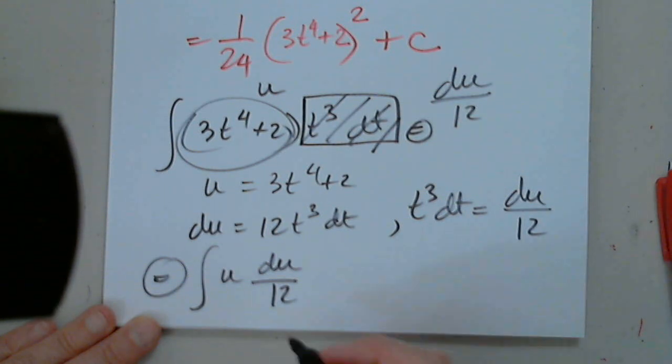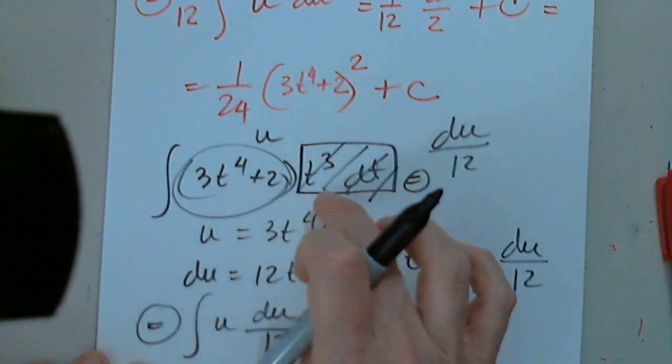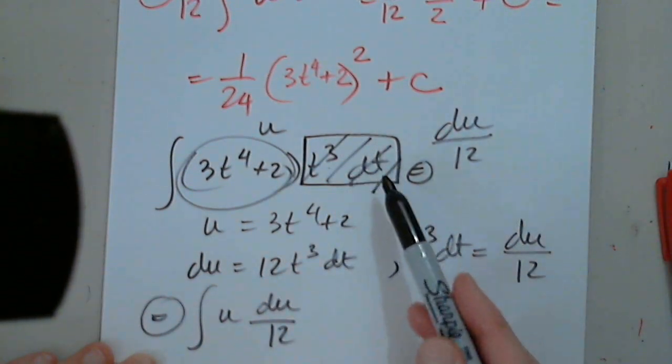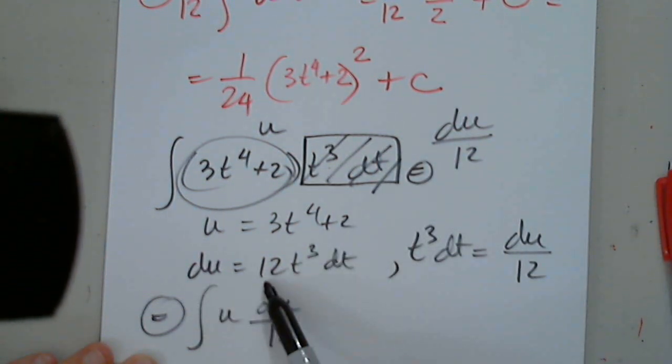Tariq, are you okay? Is this okay? I don't know, I'm still confused. But every piece has to be replaced. How do I replace t to the 3rd? What do I replace it by? I have to divide both sides by 12.